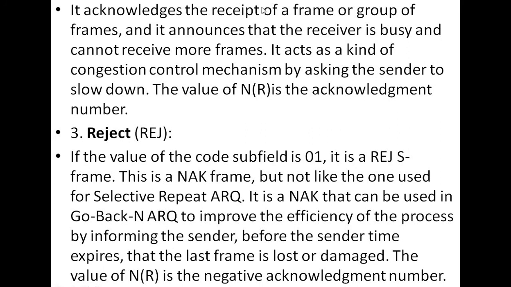It acknowledges the receipt of a frame or group of frames, and it announces that the receiver is busy and cannot receive more frames. It acts as a kind of congestion control mechanism by asking the sender to slow down. The value of N(R) is the acknowledgement number.